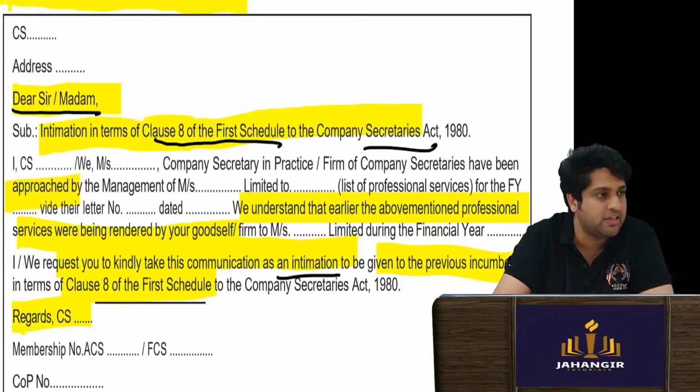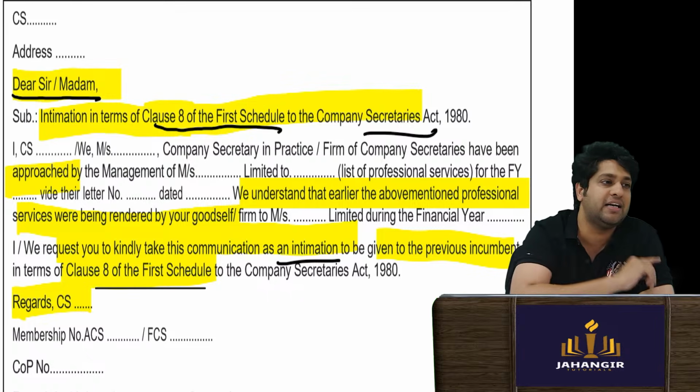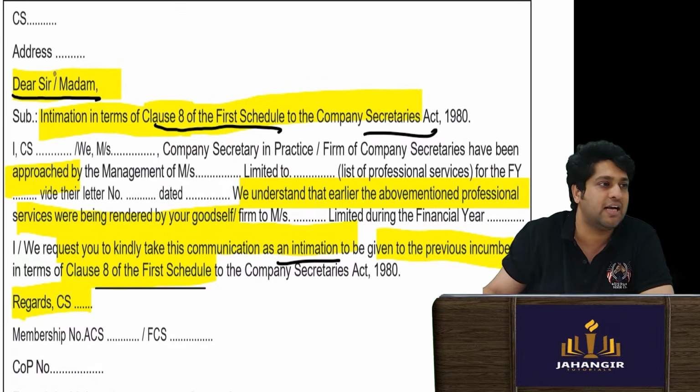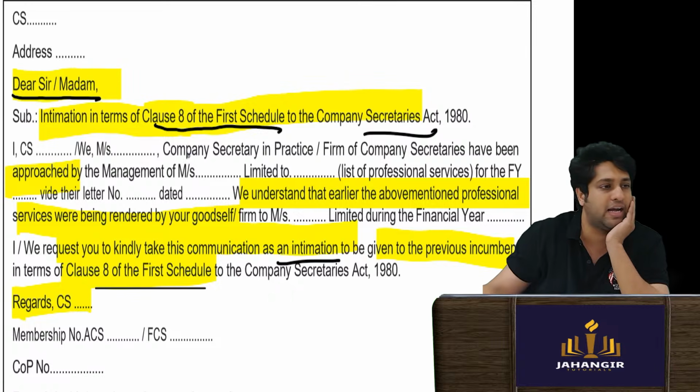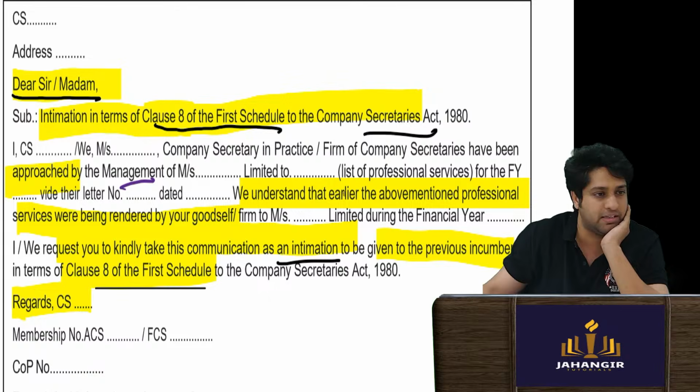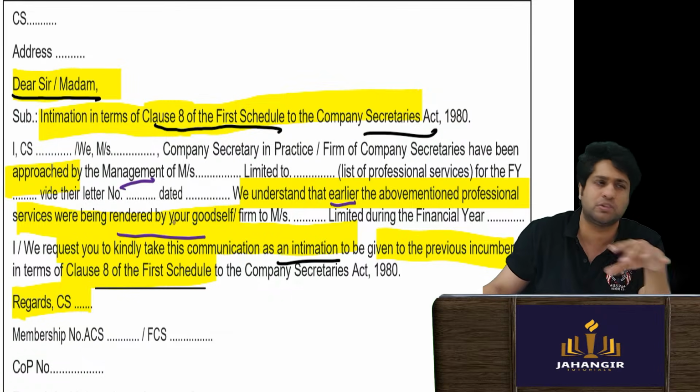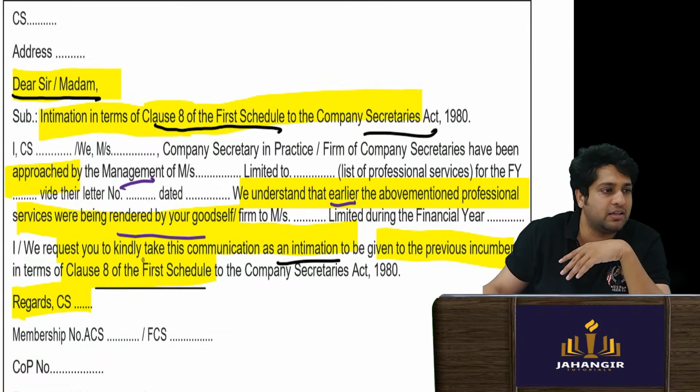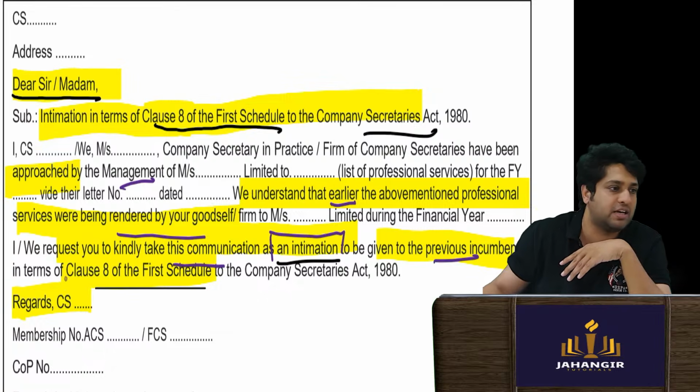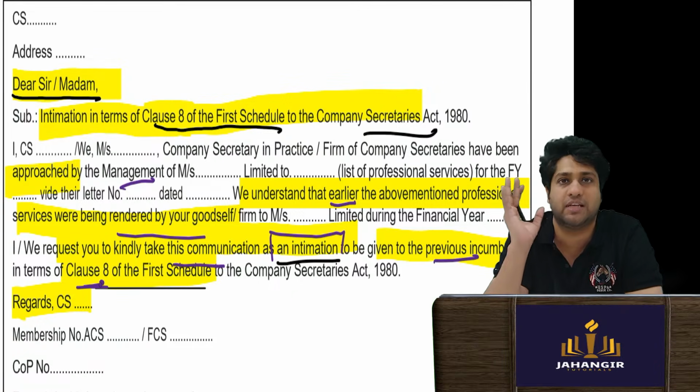It is our duty to write a letter to the previous guy and intimate him, and see the letter also, how it is written. Dear sir or madam, I, so and so, company secretary, have been approached by the management of XYZ company to do the audit. We understand that the earlier above mentioned professional services were rendered by you. So this audit was done by you, and we kindly request you to take this communication as an intimation given to the previous incumbent in terms of clause 8.